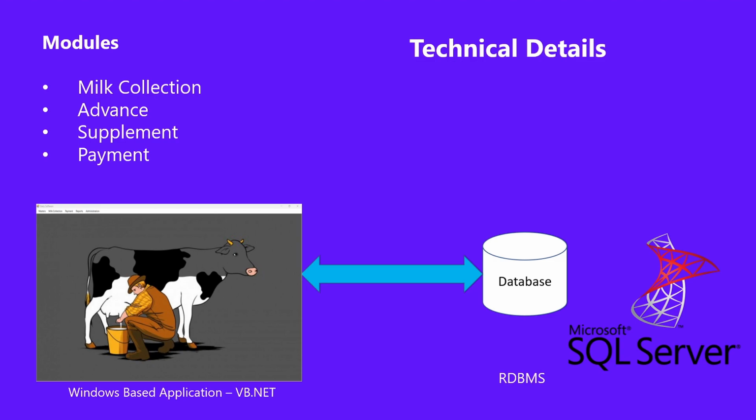And one more thing, some dairies or collection systems also have supplements. There is khadya, or we can call it veterinary, meaning doctor services for the cow and buffalo, or in terms of food material.